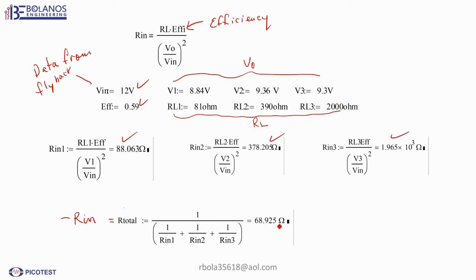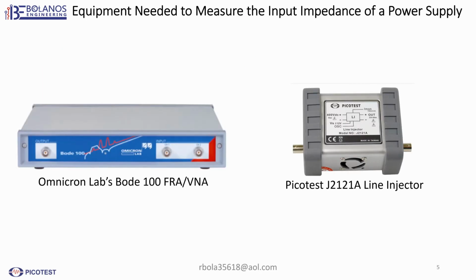I'm using the same equation, and now here is my data from my flyback. Here I have my input voltage, my efficiency, and these are my output voltages. And here are my loads.